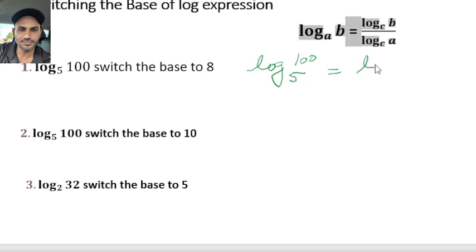So we have log of 100 with base 8 divided by log of 5 with base 8. So that's how we switch the base to a new base. We took the log of 100 with new base 8 divided by the log of 5, which was the base in our original expression, with base 8.